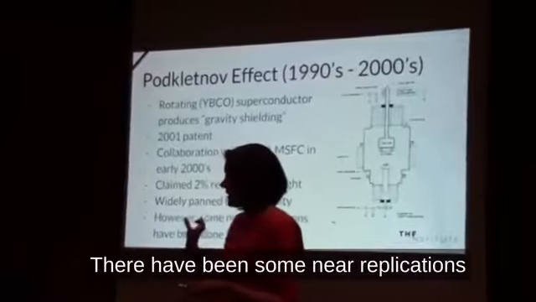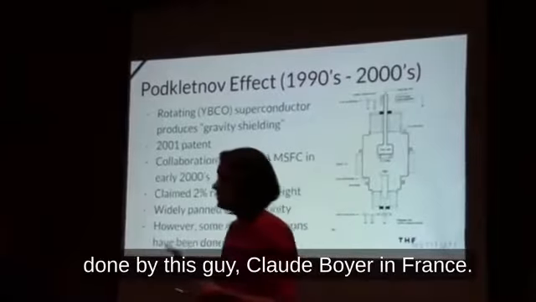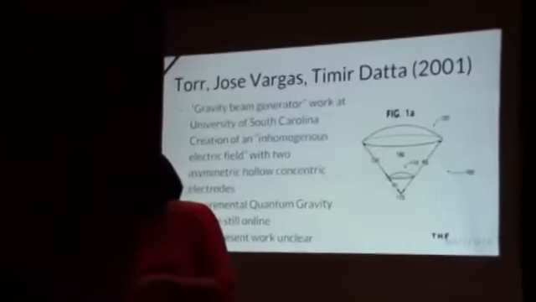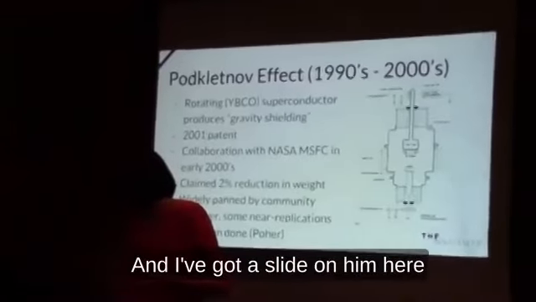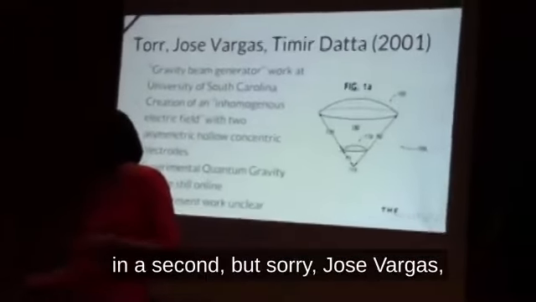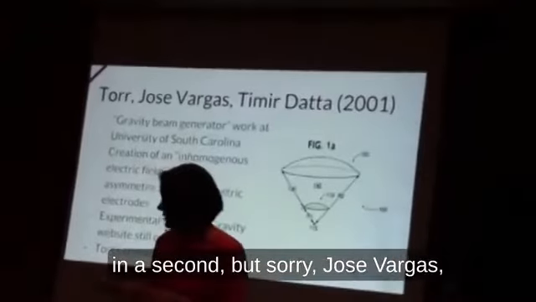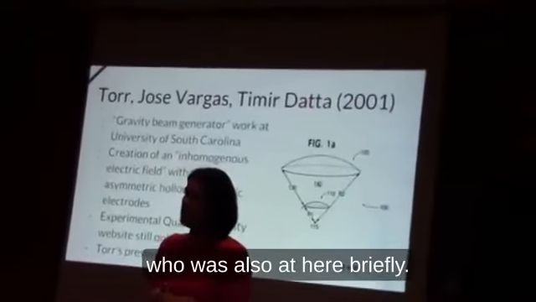There have been some near replications done by this guy, Claude Poher, in France, and I've got a slide on him in a second. But that's for Jose Vargas, who was also at UAH here briefly. After the Ning Li stuff wound down, they went to the University of South Carolina, and they created basically their own gravity beam generator.